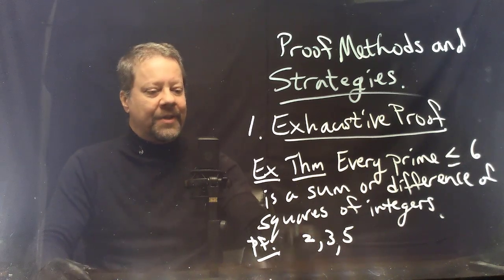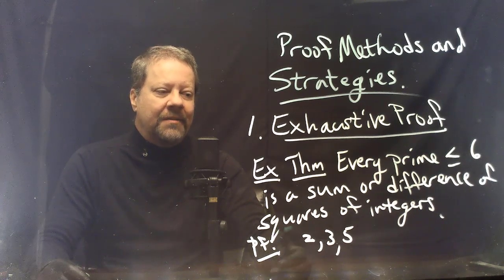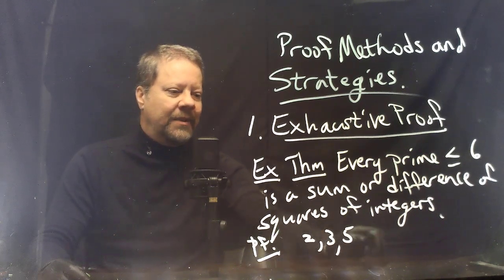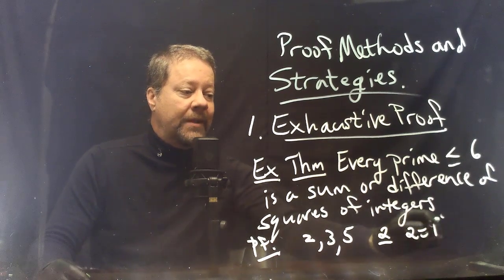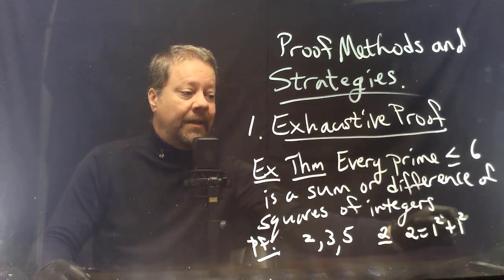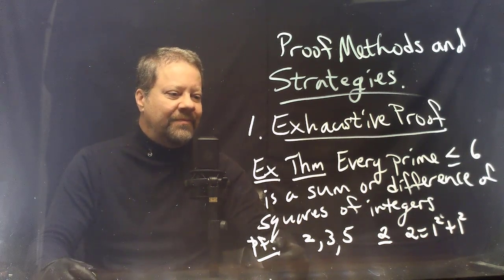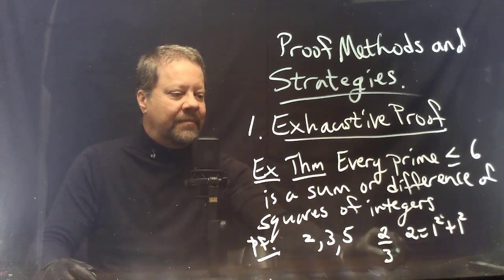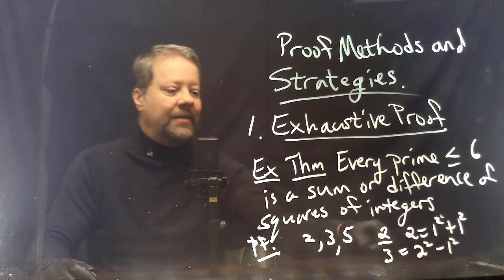How can we express 2, 3, or 5 as either a sum or a difference of squares of integers? Well, 2 is easy. 2 is 1 squared plus 1 squared. 1 squared is 1. 1 plus 1 is 2. How about 3? 3 is 2 squared minus 1 squared.